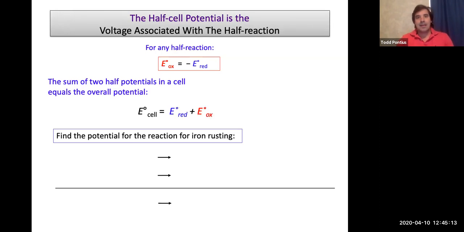So we can find the overall voltage of something by taking the reduction potential of what's being reduced, i.e. E° red, and add to it the oxidation potential of what's being oxidized. So when you have these 2 processes coupled, when you add together the 2 voltages, you end up getting the overall voltage for a reaction.